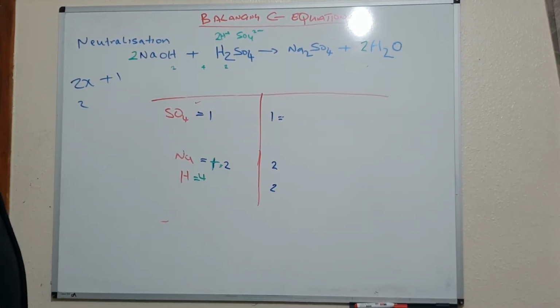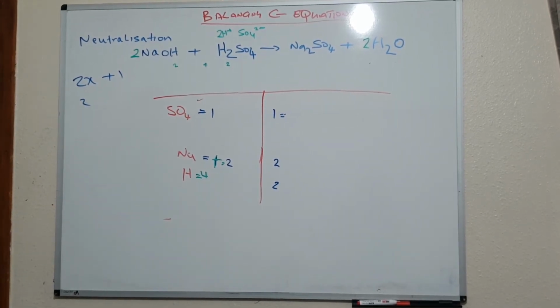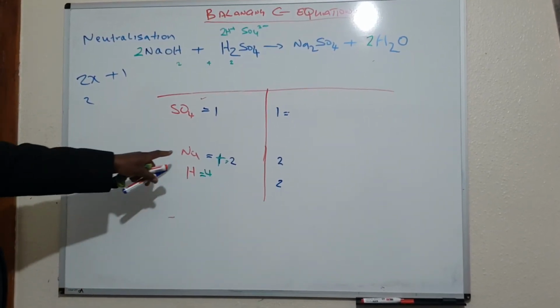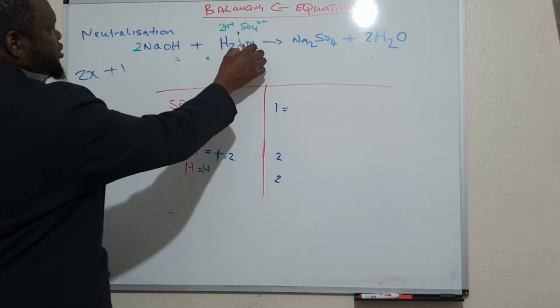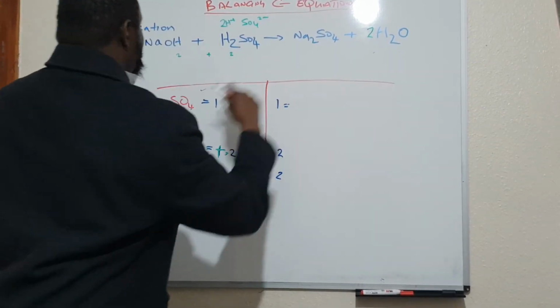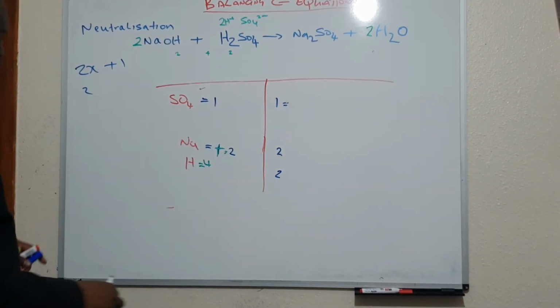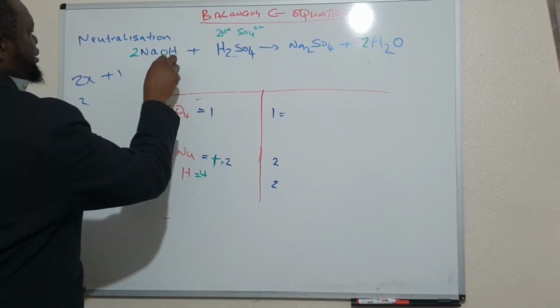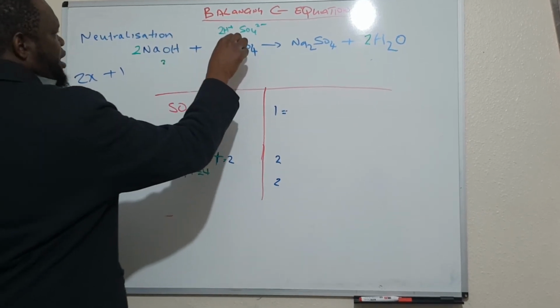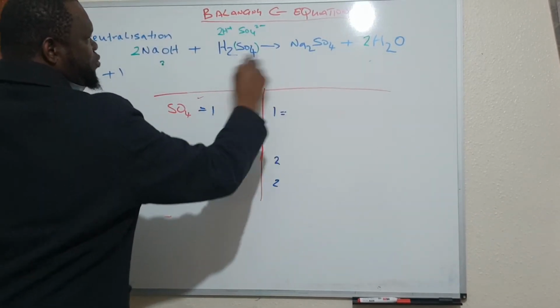Now, since we have dealt with our sodium and our hydrogen, now we are left with oxygen, because sulfur is balanced. Now on this side, how many oxygen do we have? Two in it. I said we ignore that one, okay? Because both are here.